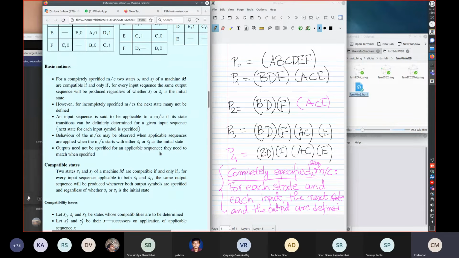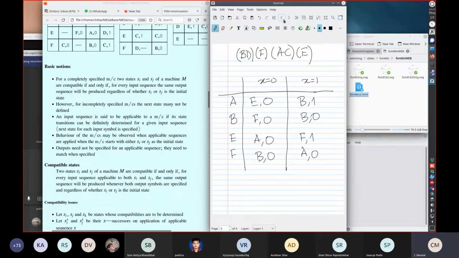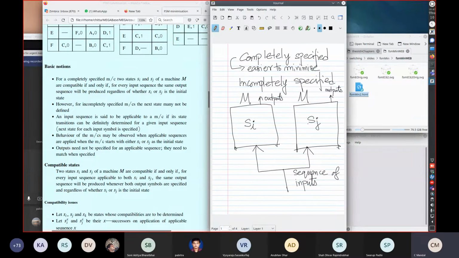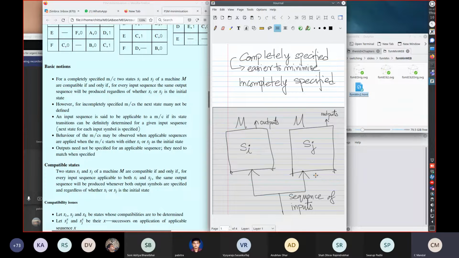So the behavior of machines may be observed. You can do a similar experiment as we did earlier, shown in this diagram.